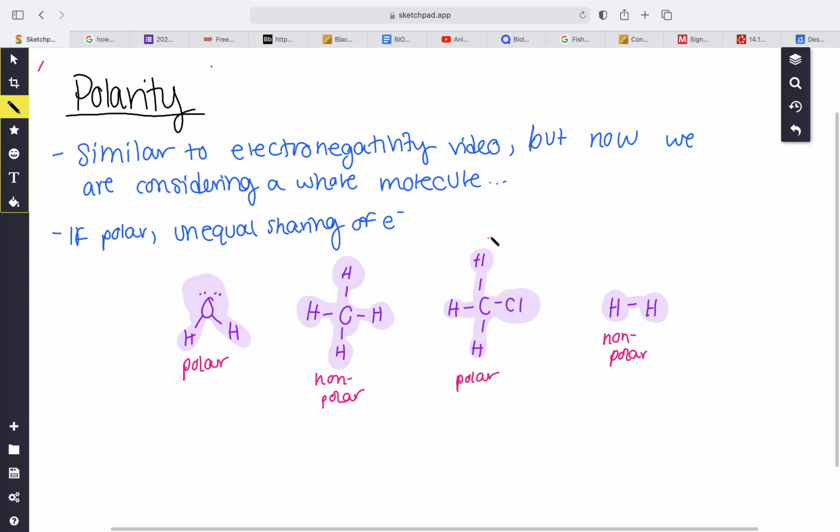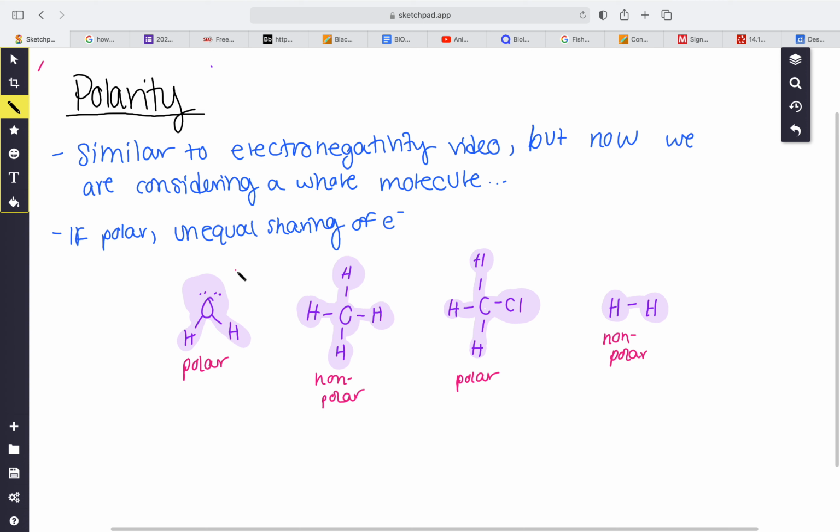So let's look at some examples of unequal sharing and equal sharing, right? If we have something like dihydrogen monoxide, aka water, you can see that the purple shaded spot represents the electron cloud. Because oxygen is more electronegative than hydrogen, it's going to pull in those electrons.